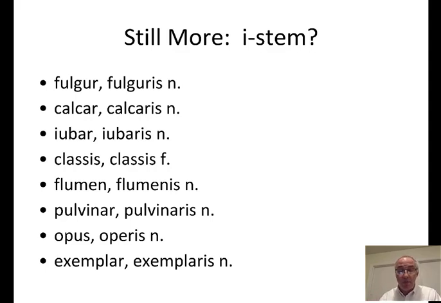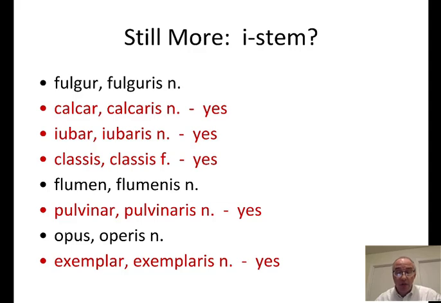Opus, operis, no, but exemplar, exemplaris is. In other words, let's review these. The calcar, lacunar, pulvinar, and exemplar, those are all I stem because the nominative ends in AL, AR, or E, and they're neuter. What does this mean? It means that the ablative singular will have an I, the nominative and accusative plural end in IA, and the genitive plural IUM. Had enough?